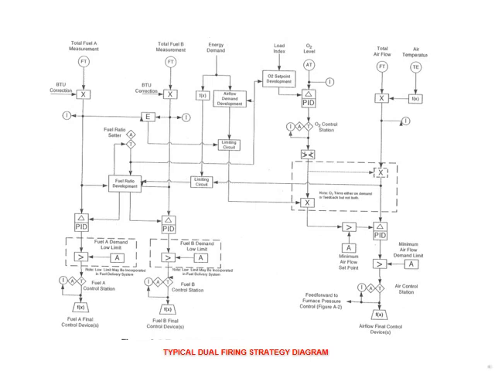Dual firing may include one or more of the following operating modes. One fuel in manual with the second fuel automatically following boiler energy demand. Another is one fuel in automatic with operator flow set point, with the second fuel automatically following boiler energy demand. And the third, both fuels automatically following boiler energy demand.